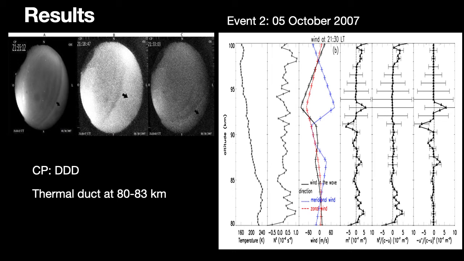If we investigate the background of the atmosphere, we can see there is a kind of duct between 80 and 83 kilometers height, and the temperature, the second term, that means the fifth chart here, was decisive for the formation of this duct.